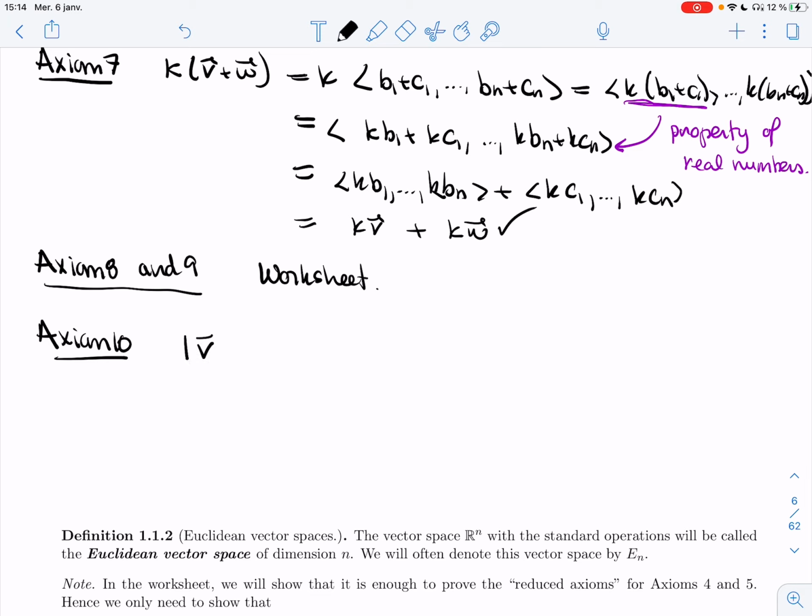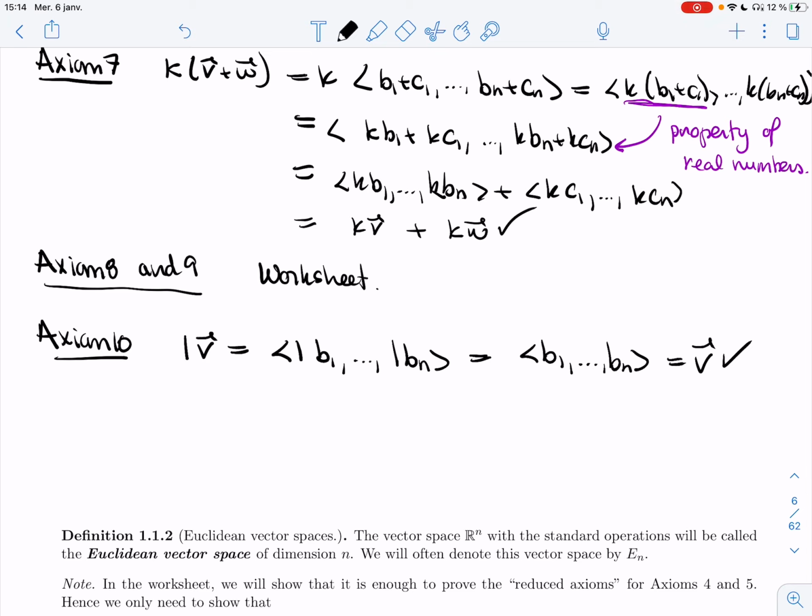So I want to look at 1 times v. I'm going to multiply b1 through bn by 1. That's not going to change anything because those are real numbers. And so I get v back. All right, so we checked 8 out of the 10.